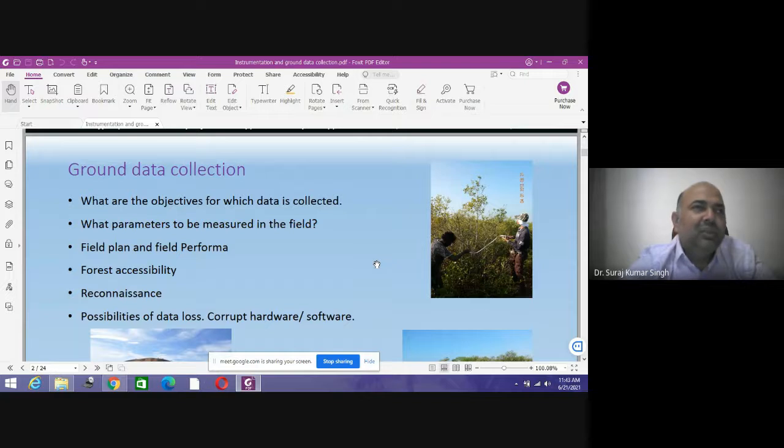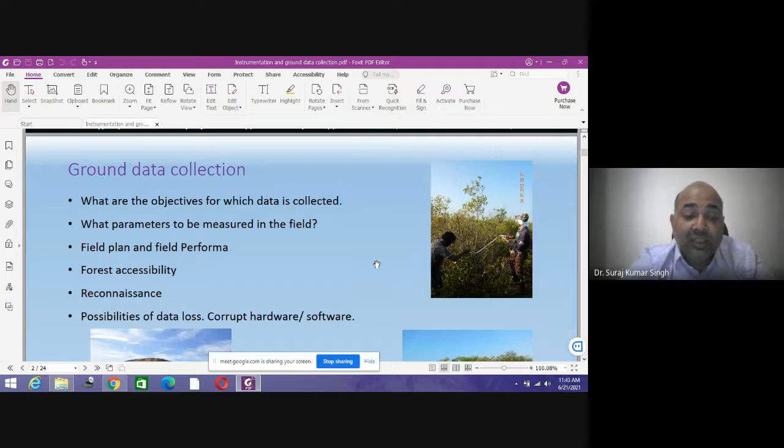So today we are going to study such procedures, methods, and instruments that are generally used for data collection. What is the methodology? What are the precautions? What are the advantages? What are the disadvantages that must be followed while you're in the field?